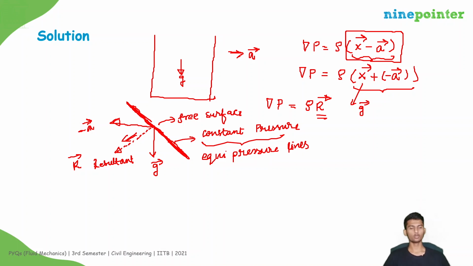Because when a is 0, the free surface is something like this. When a is 0, it is perpendicular to g bar. Now it will be perpendicular to the resultant of g bar and minus a bar. Okay, so the free surface will be like this.